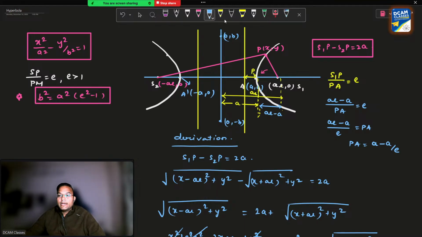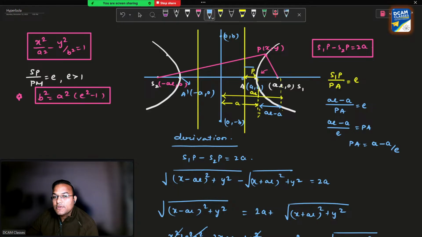Now you need to get this distance, origin to A. You have got this PA as A minus A by E, and this whole distance from the center C is A. This distance is A. So what will be this distance, OA?